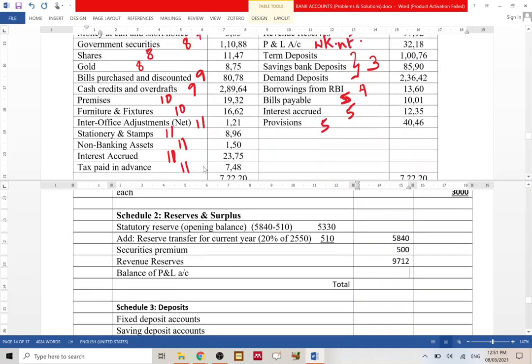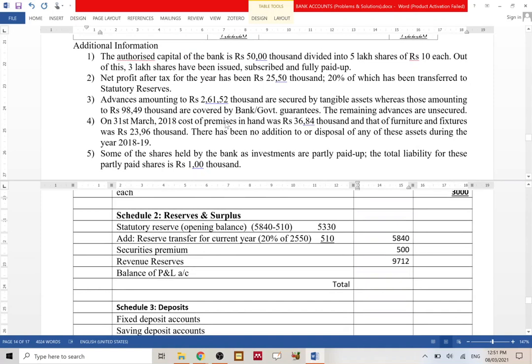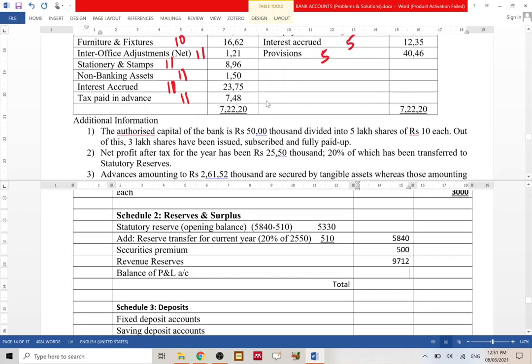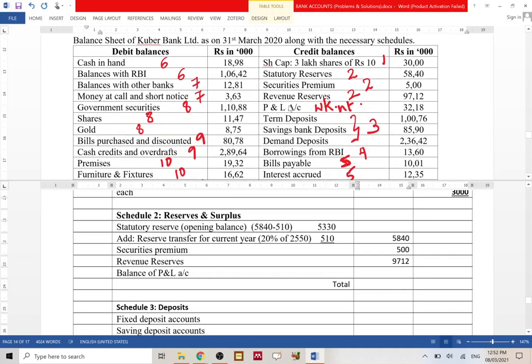Now in the additional information, nothing else has been given about the profits. That means how much was this year's profit or how much was to be transferred and so on. Okay, so in this case we consider that this profit and loss account balance of 3208 is the final balance after appropriations, right?